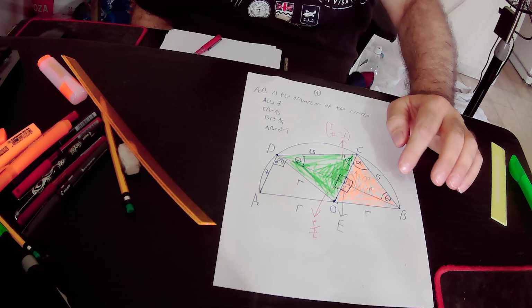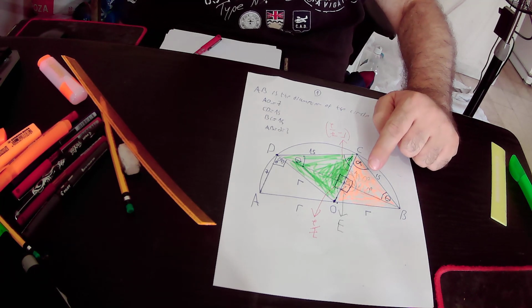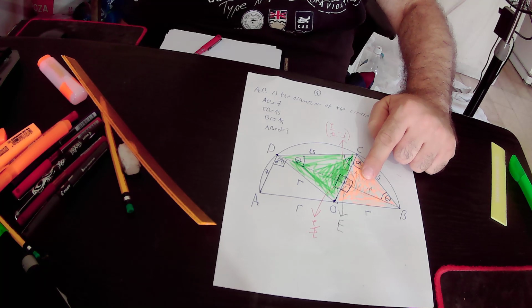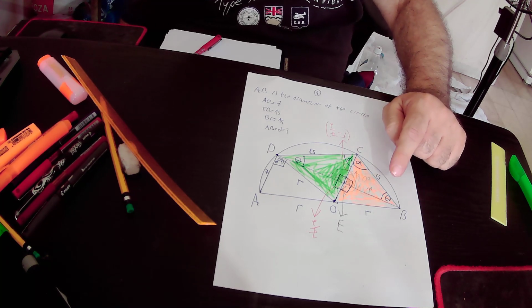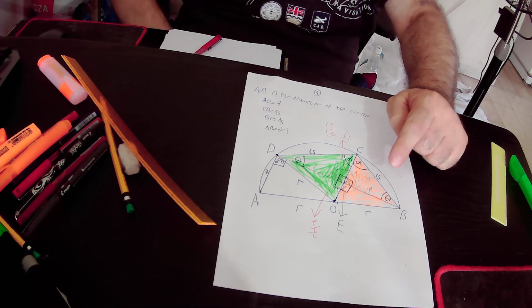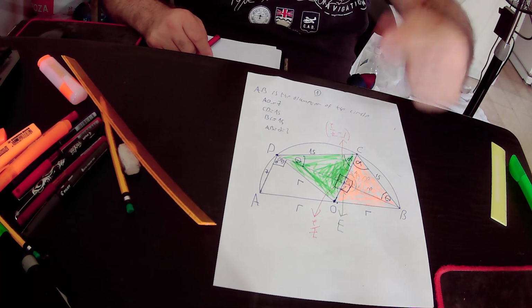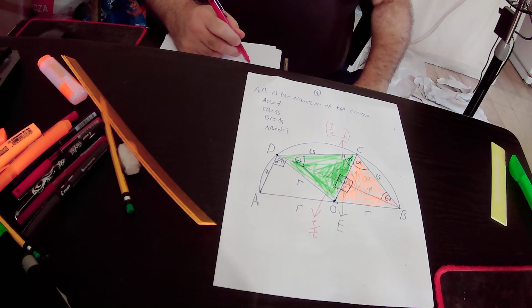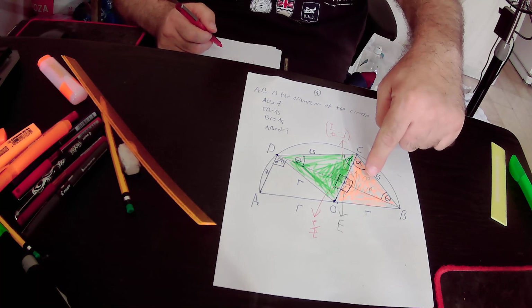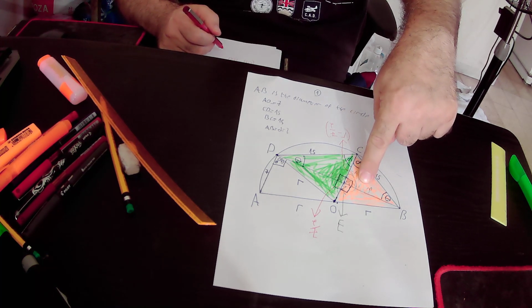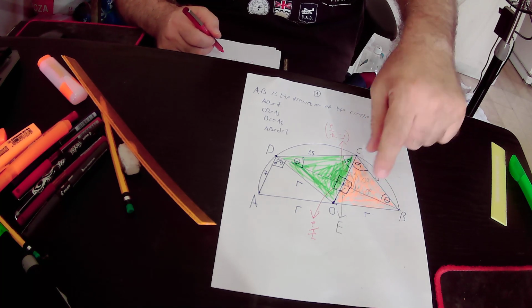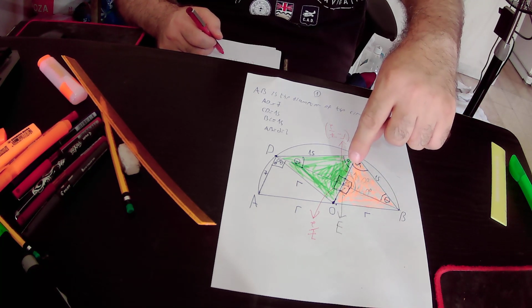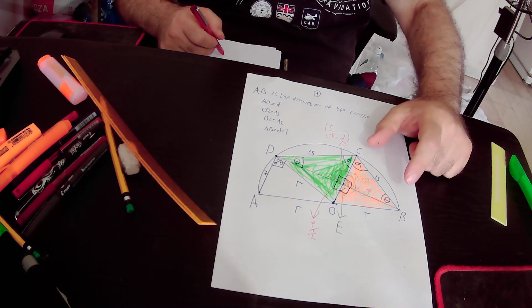For the first EB squared, we relate to the right triangle ECB, where EB squared equals CB squared minus EC squared, because CB is the hypotenuse.